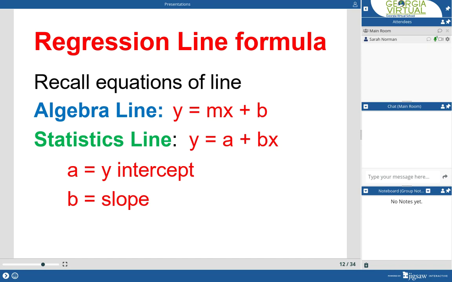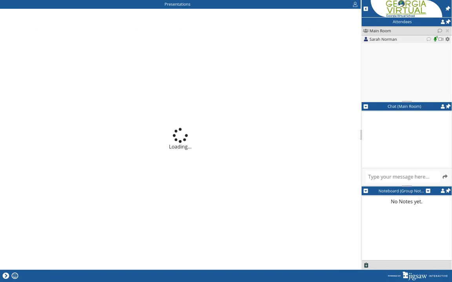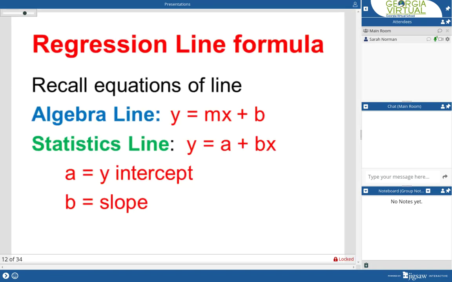So regression line formula, well, as you know from algebra, the equation of a line is y equals mx plus b. Sorry, I'm trying to get my annotations out. There we go. In algebra, it's y equals mx plus b. In statistics, it's y equals a plus bx.